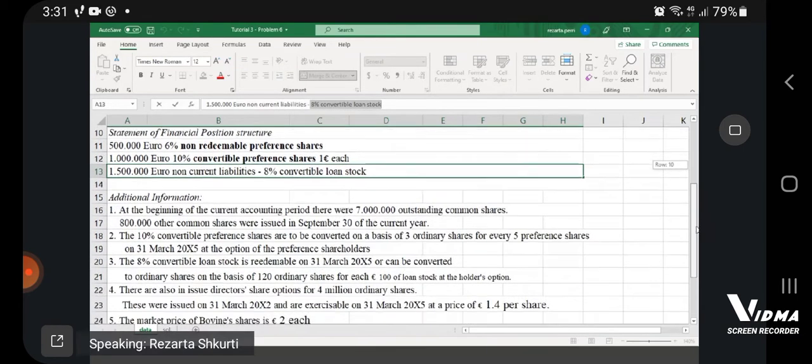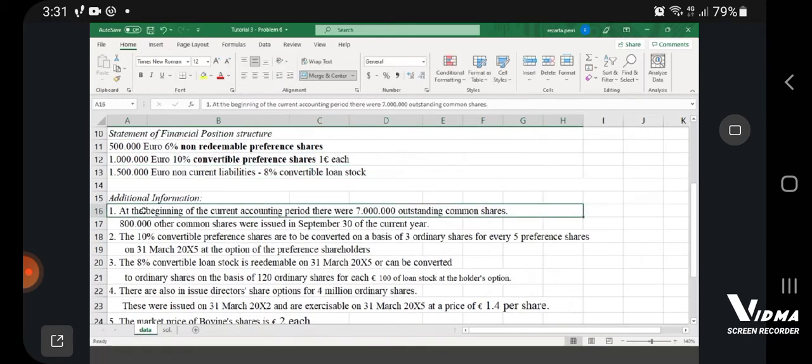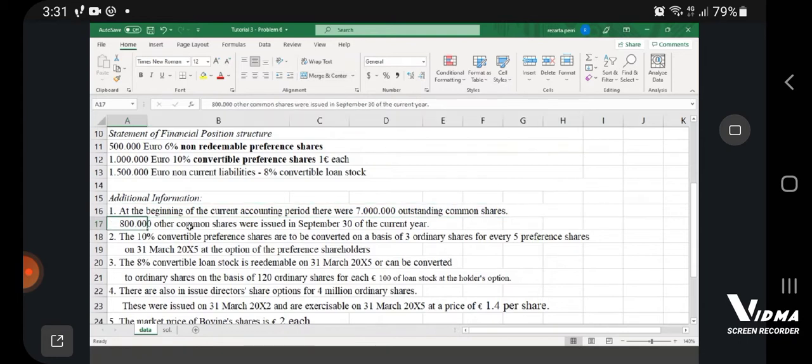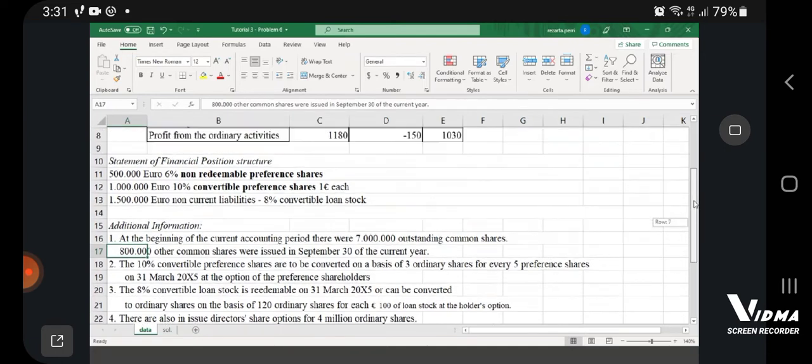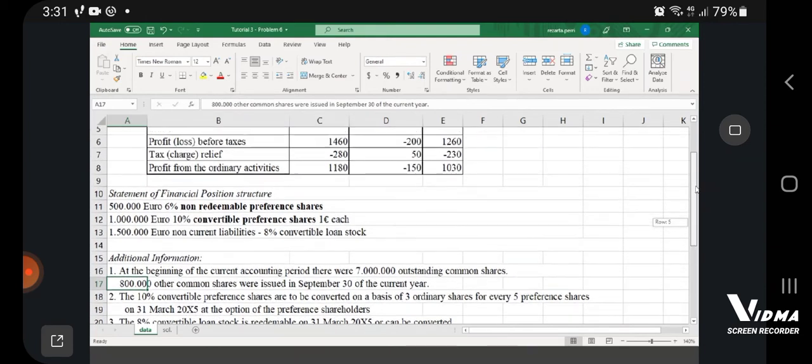At the beginning of the current accounting period, there were 7 million outstanding common shares, and 800,000 other common shares were issued on September 30 of the current year. Now that we are here, we may count the months in order to not be distracted later.